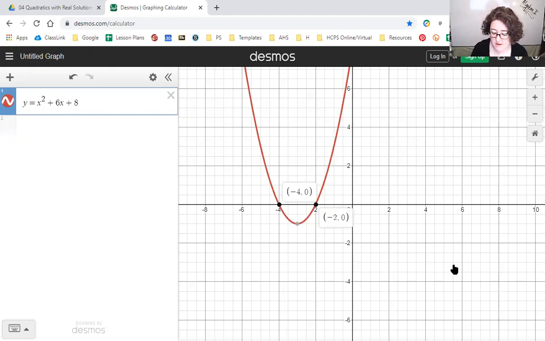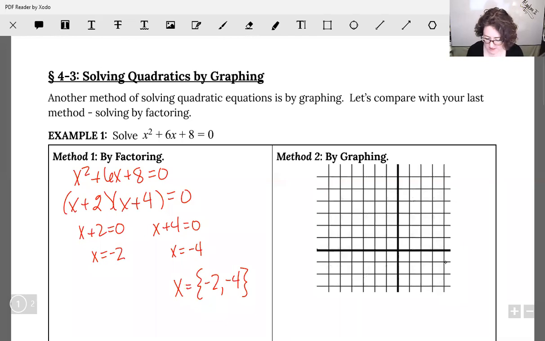So let's go back and write those down. Again, our x-intercepts happened at -2 and -4. And we had a y-intercept at 8, just above the graph.